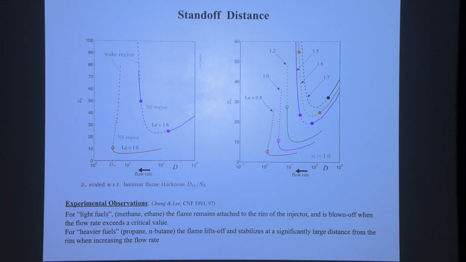Experimental observations show that for light fuels like methane and ethane, the flame remains attached to the rim and is blown off when the flow rate exceeds some critical value. This was shown by Chung and Lee. And for heavier fuels like propane and butane, which have a larger Lewis number, the flame lifts off and stabilizes at a significantly larger distance from the rim when increasing the flow rate.